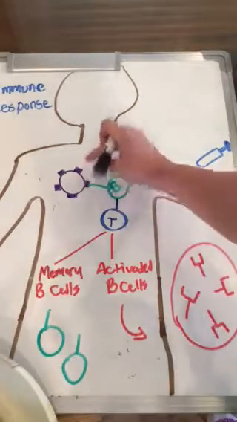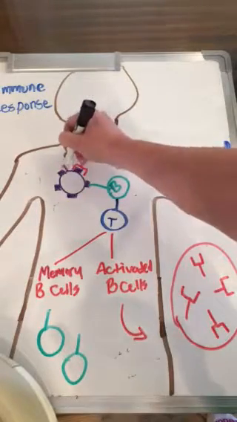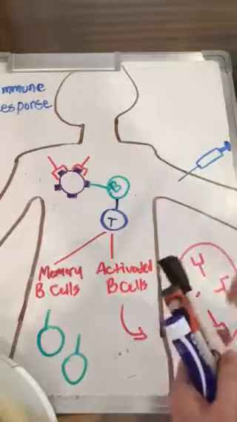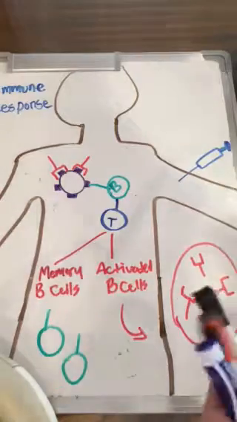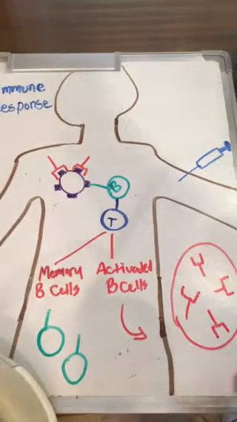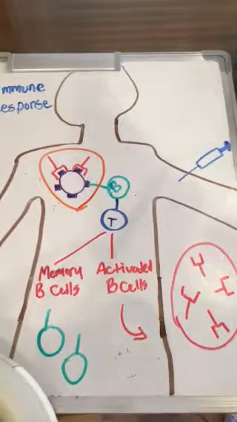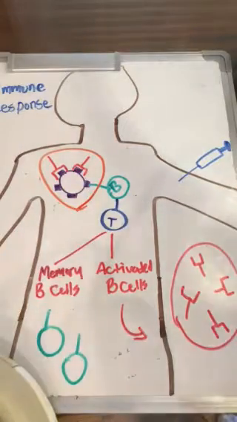They hook on perfectly and they attack these foreign bodies, these pathogens. So it'll hook onto them and it'll hook onto several at once, making a big clump. And then a large phagocyte will come along and engulf it and it will die. So those are the two different responses.